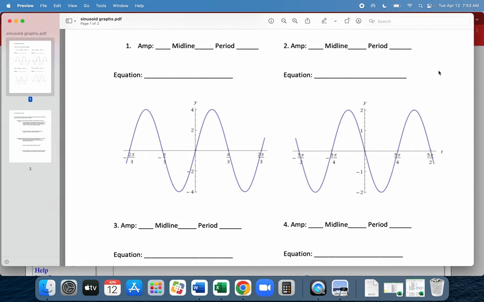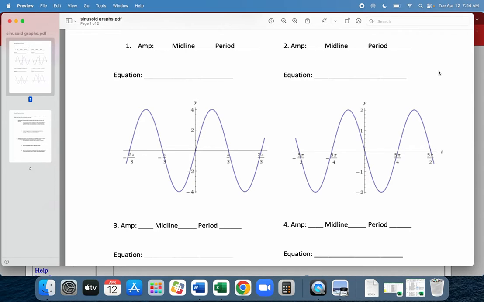Now, this is like a fractional equation. You can solve for either one of those. It might be easier to look at, like if I'm writing the main period there, it might be easier to write it over 1. But lots of times the period is a fraction anyway. In a fraction equal to fraction situation, you can cross multiply to solve either for this one or for that one. So, for instance, in this one, the period was 5 pi over 2.